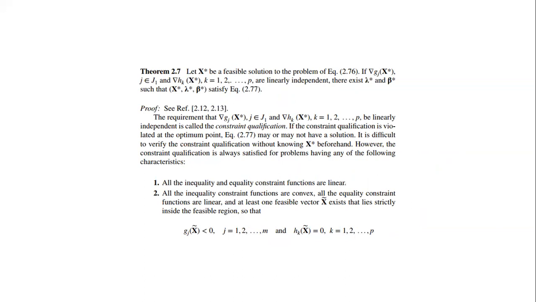It says that X star is a feasible solution of our minimization problem with both inequality and equality conditions, and if the gradients of the inequality constraints and the gradients of the equality constraints are linearly independent, meaning one cannot be represented as a linear combination of the other, then whatever x star, lambda and beta we get will satisfy the Kuhn-Tucker condition.